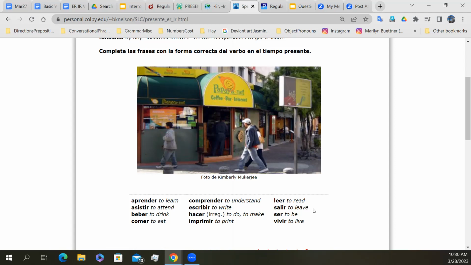So salgo is oddball for yo. Salgo is the yo, but the other forms will not have a g sound in them. They'll be sales, sale, salimos for imos, right? The we ending, the nosotros ending, salen. Okay. Ser, you've had, that's very irregular. Soy, eres, es, somos, son. And vivir, we've been practicing.